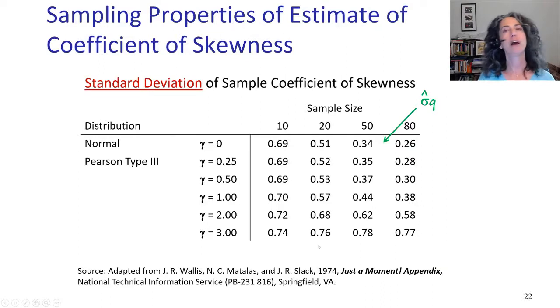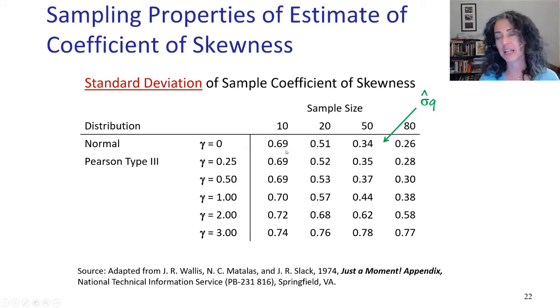Right? So the other table from the paper is showing us the standard deviation of the sample skew. Right, so this is showing us the width of the sampling distribution of skew, again for skew coefficients from 0 up to 3, and for sample sizes increasing from 10 to 80. So this is similar to the root mean square error, but they're showing it as standard deviation instead.